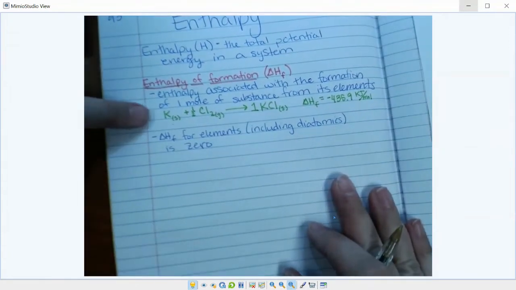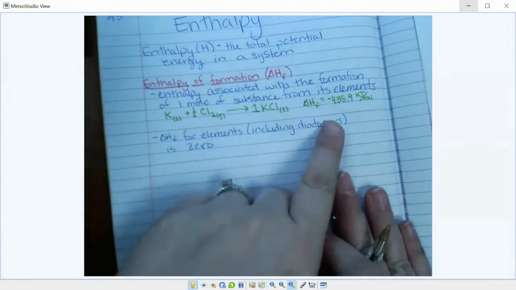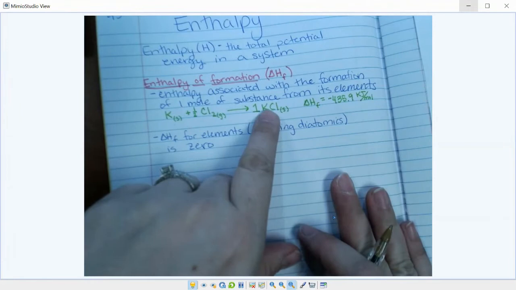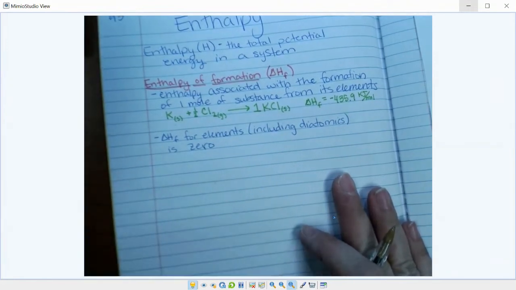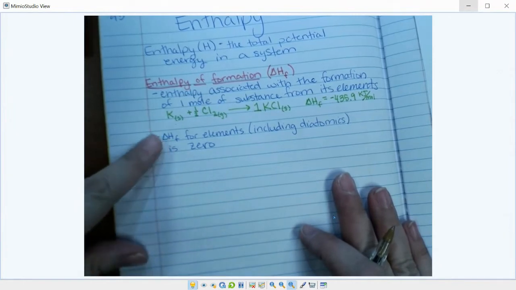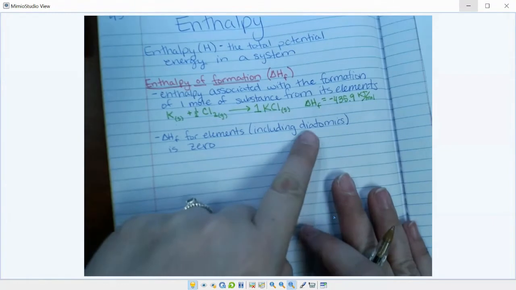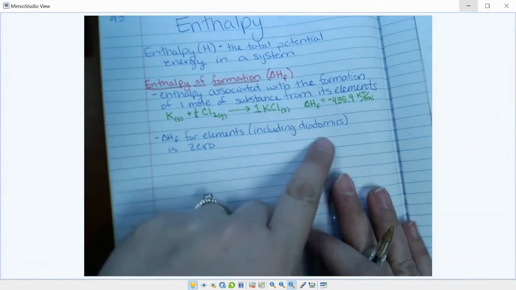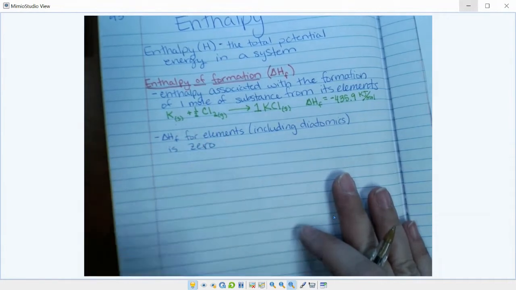So if the definition of enthalpy of formation is the amount of enthalpy associated with the formation of 1 mole of a substance, well, elements don't form, they just naturally occur in the universe. And so there's no enthalpy associated with the formation of elements. That's just 0. And since diatomics, that's how they're naturally found in the universe, as things like Cl2, H2, those are 0.